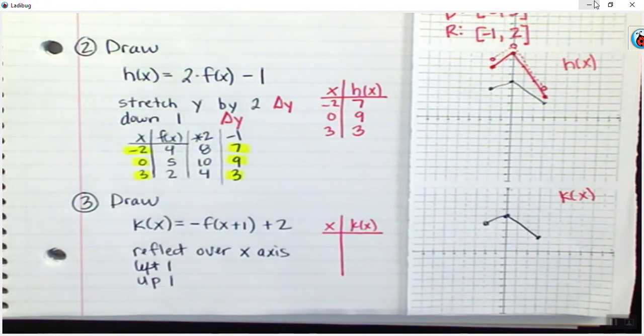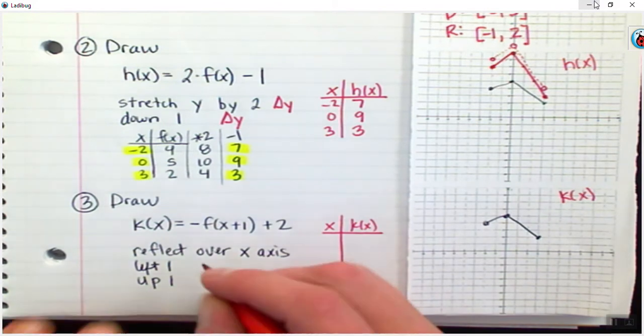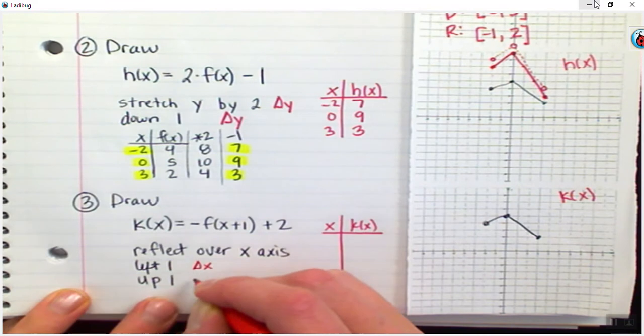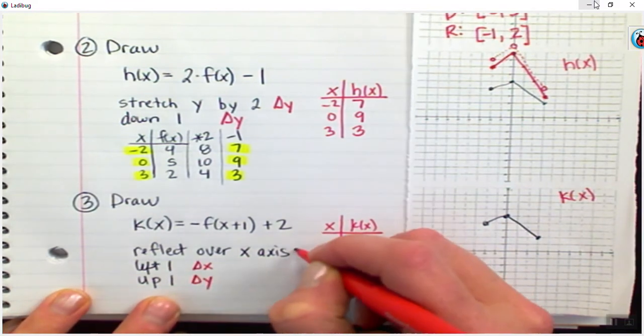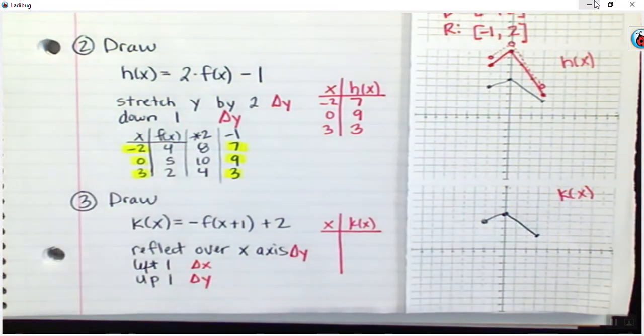Notice the opposite, left 1, the opposite. So I got a change in X, a change in Y, a change in Y. Two things are going to change the Y column. One thing is going to change the X column.